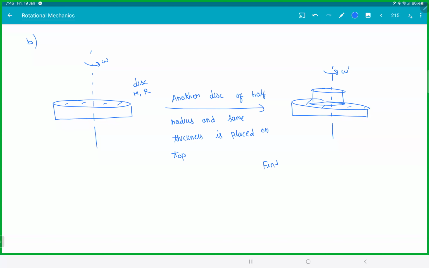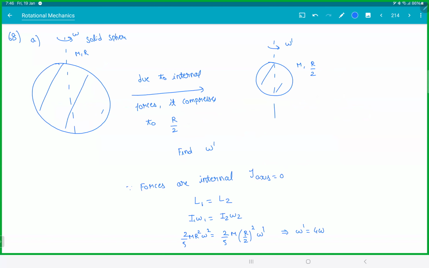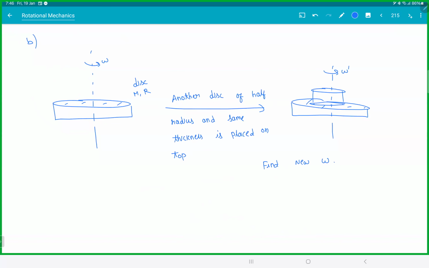Find the new omega. Clear? Get this. Both are similar models.